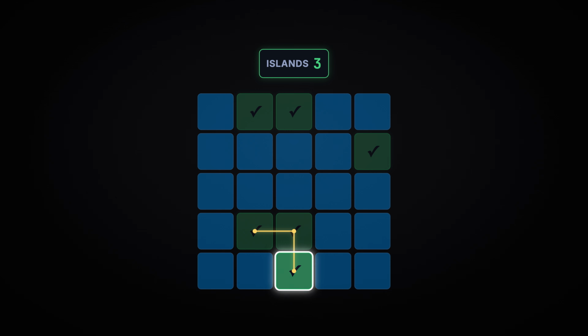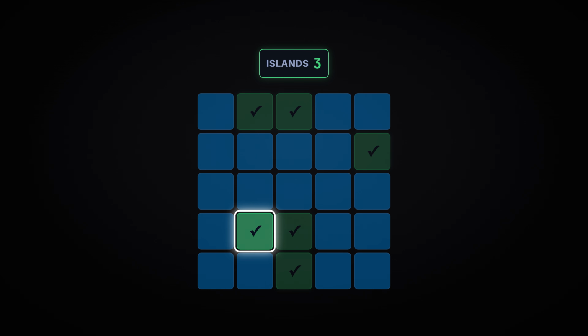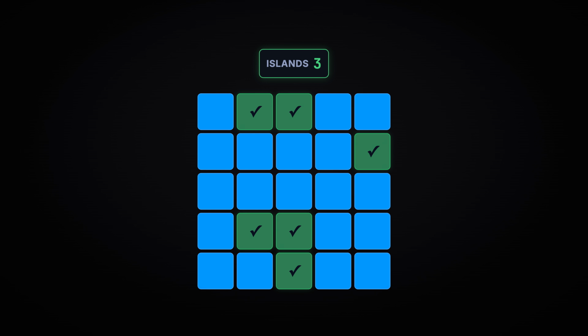On this cell, every direction is water, the edge, or already visited. A dead end, so we go back to the previous cell. Back there, its other neighbors are water or visited too. So we go back again, all the way to the start. Nothing left to explore. The whole island is marked. 3 traversals, 3 islands, exactly what our eyes told us.